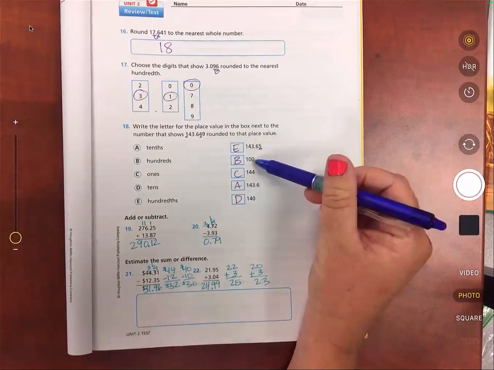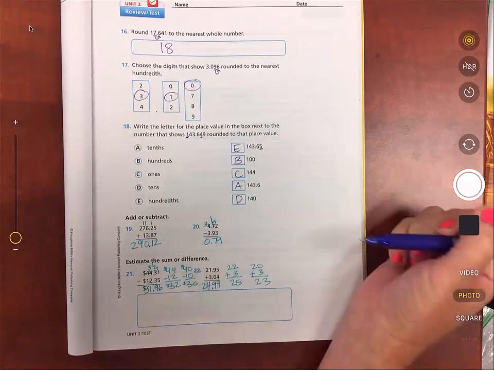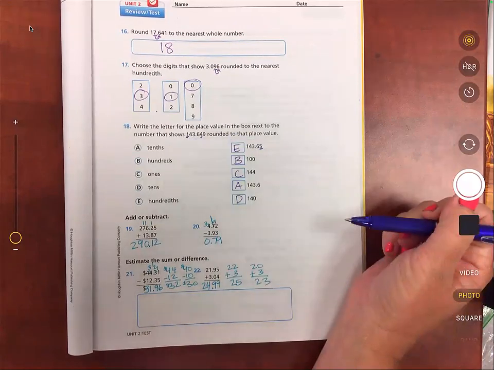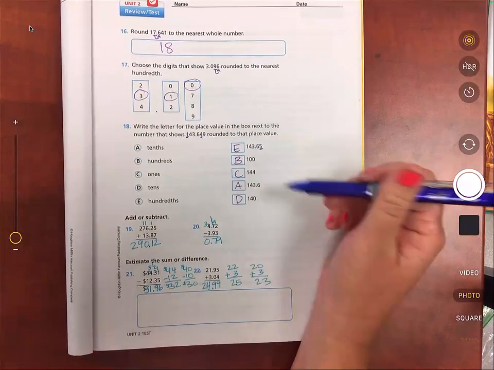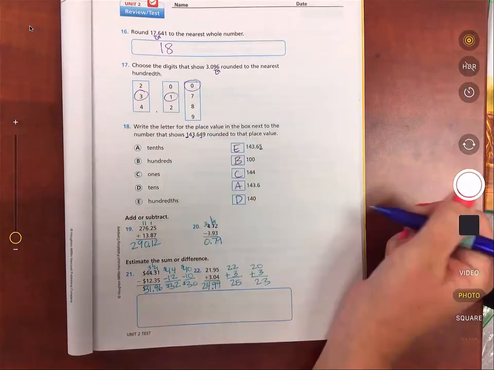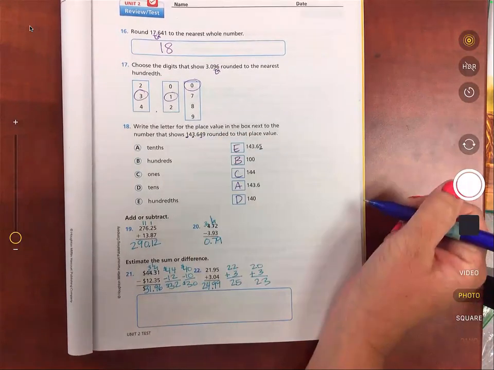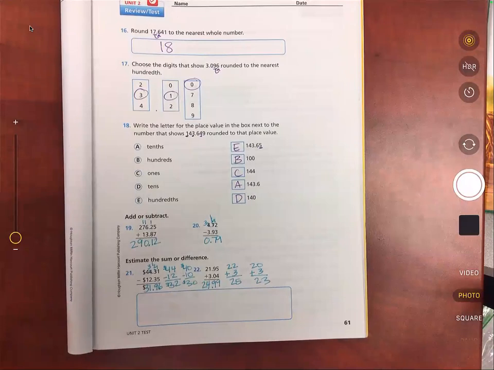If it rounded to 100, my 1 is the last number I have before those zeros, so I knew that it had to be the hundreds place. For 144, that 4 ends it right there in the ones place, so I knew that one had to be rounded to the ones place, and so on. Any other questions on these?